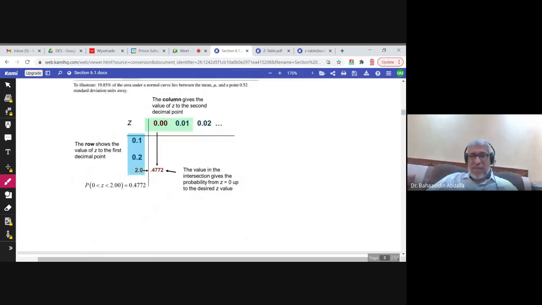So once again, the table gives you the probability that Z is between 0 and a number. If the number is 2, you go to 2.0, and there you write the area. So 0.4772 would be the area from 0 to 2. You can sketch a graph here.